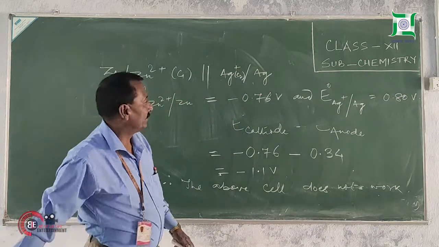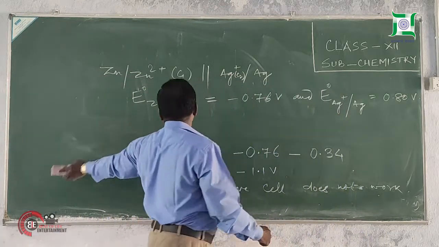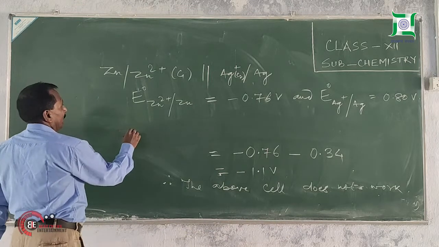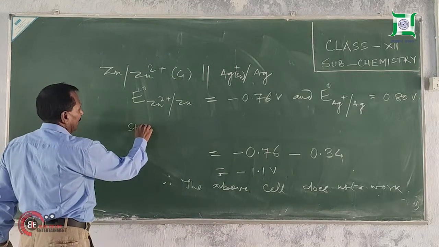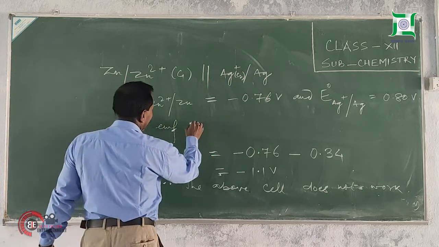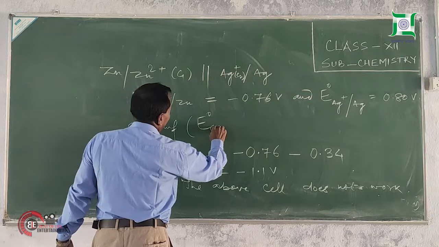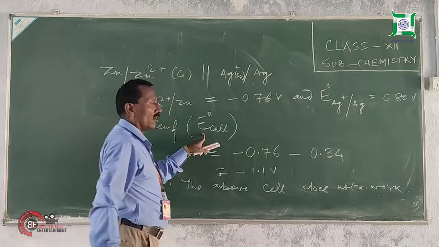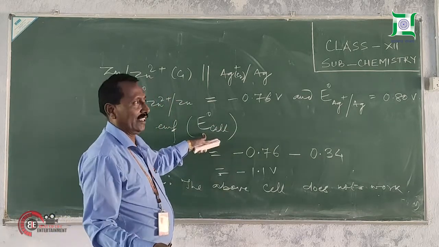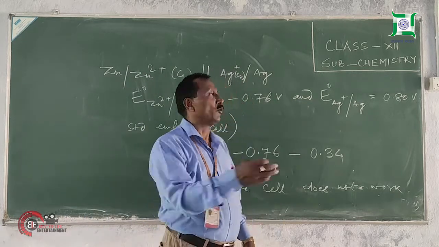This is given. Then if we like to find out a standard EMF, or we can write E0 cell. This is also called a standard cell potential. So EMF is also known as cell potential.